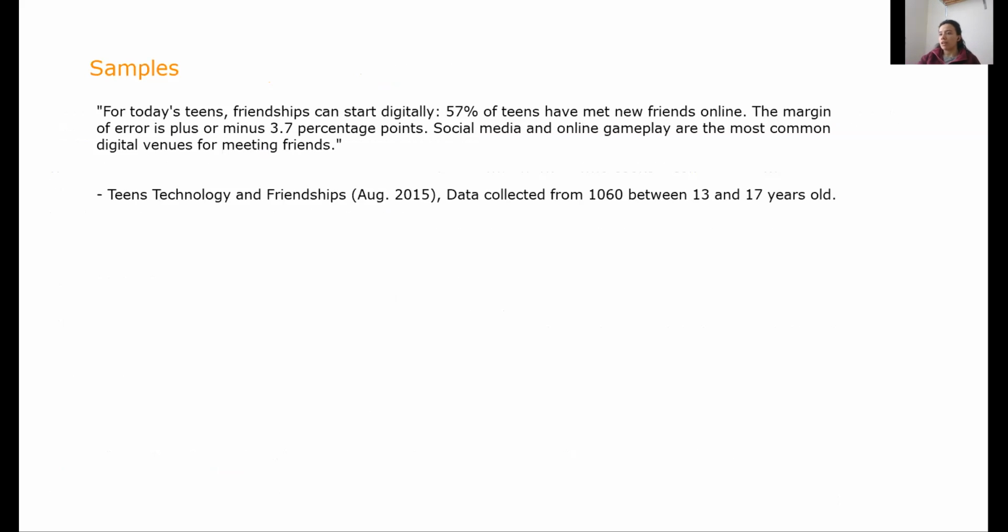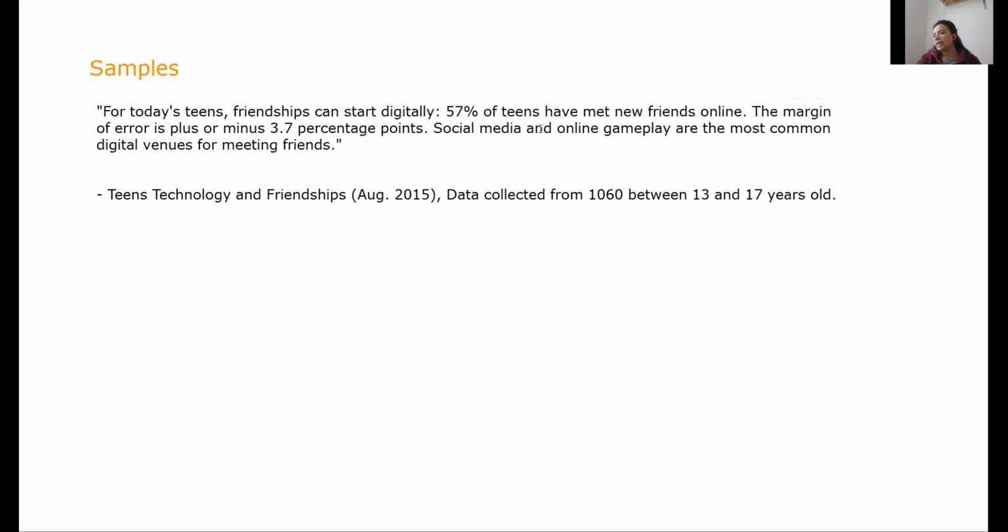So we have the following statement, which says, for today's teens, friendships can start digitally. 57% of teens have met new friends online, and the margin of error is plus or minus 3.7 percentage points. We will elaborate on this statement later on in class. The margin of error, we will define that in the next lab.